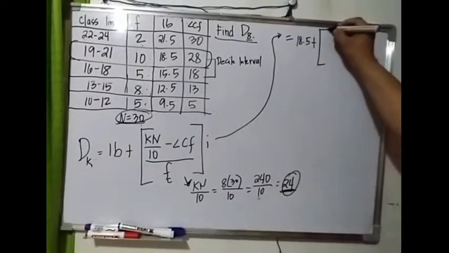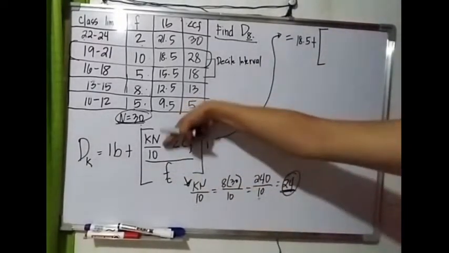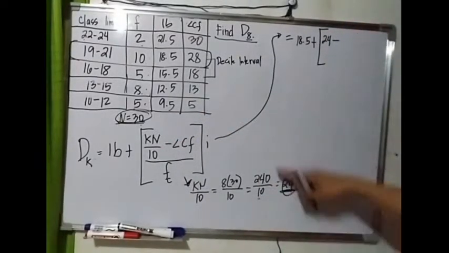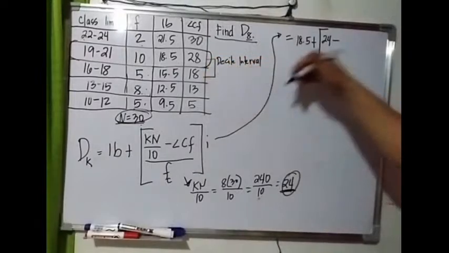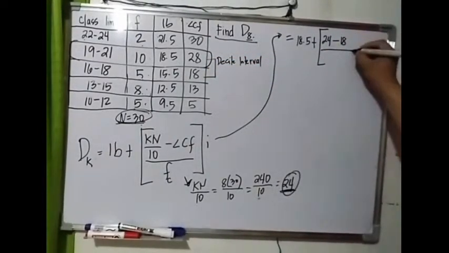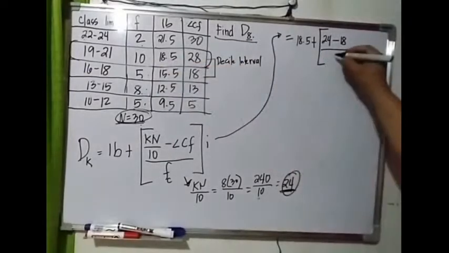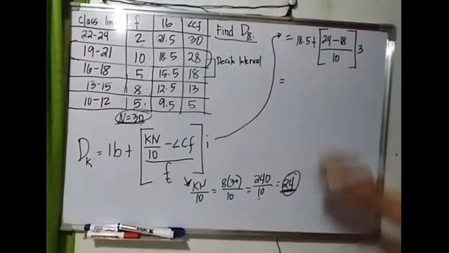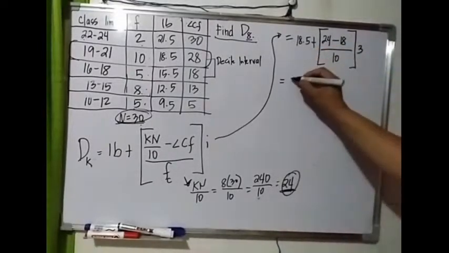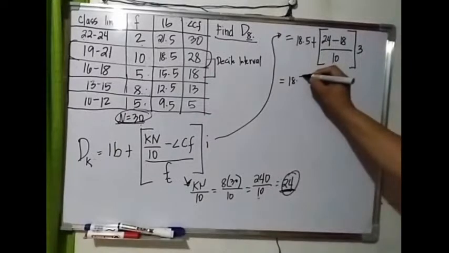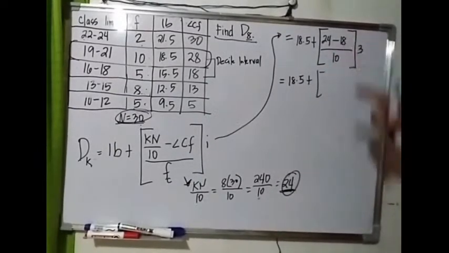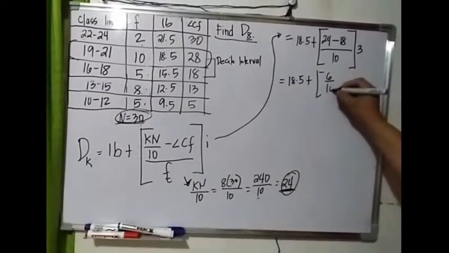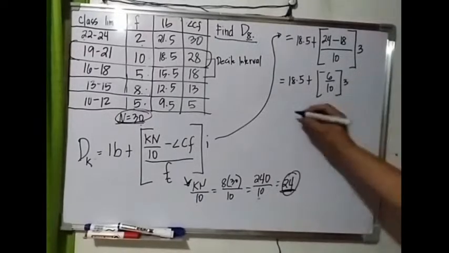plus k times n over 10, that is 24, subtract, baba sa 28 is 18, over, ano yung frequency is 10, then interval is 3. Next, simplify. 18.5 plus 24 minus 18, that is equivalent to 6 over 10 times 3.